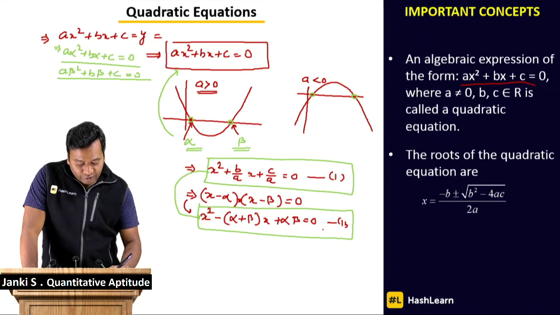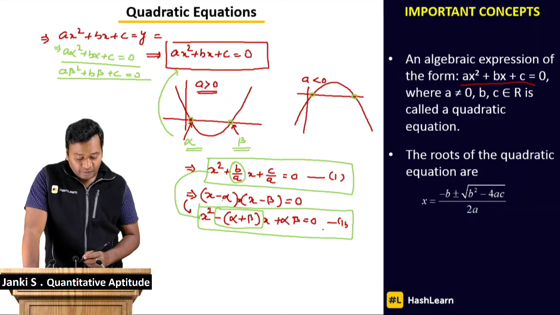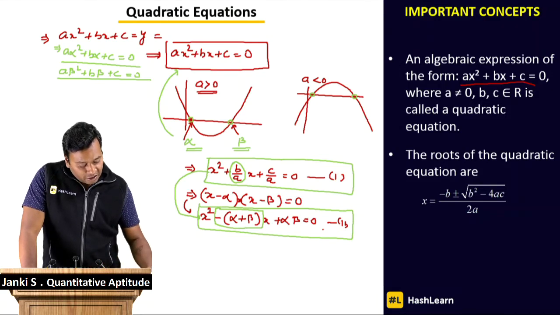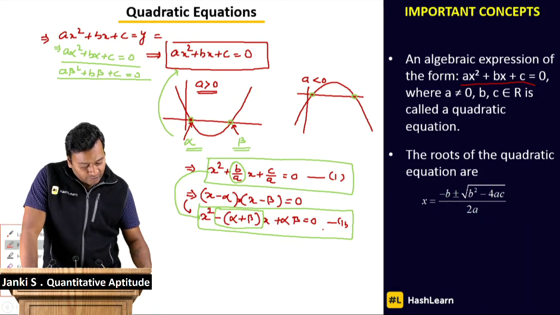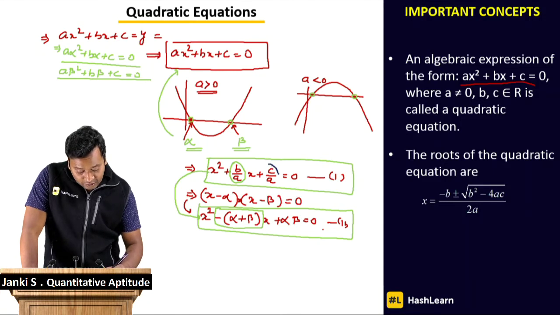So can I say the coefficient of x, which is b by a available here, will be the same as the coefficient of x at this point with a negative sign, that means minus of (alpha plus beta). Same way, let's take one more part, c by a, right? So c by a should be the same as this value, right?